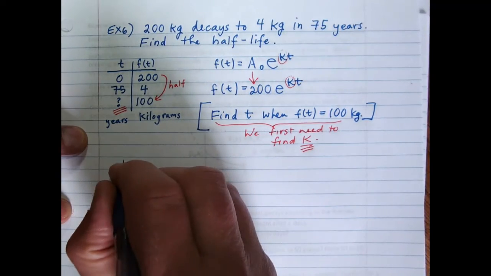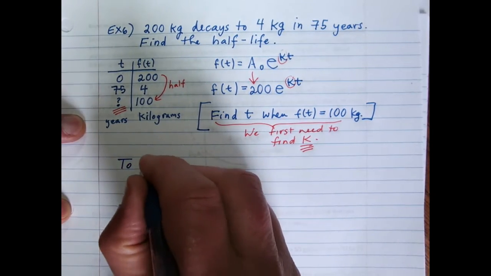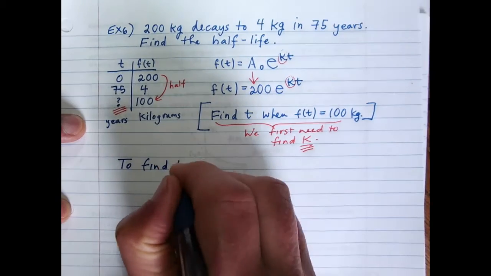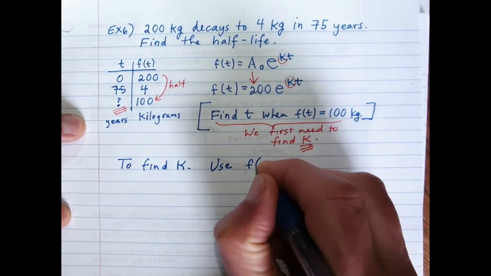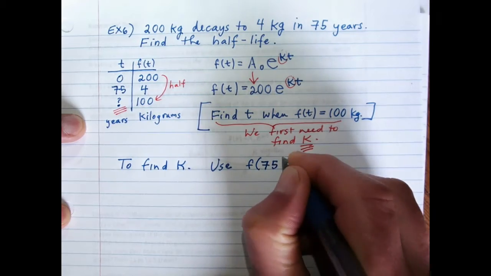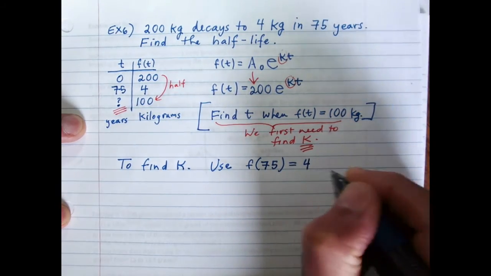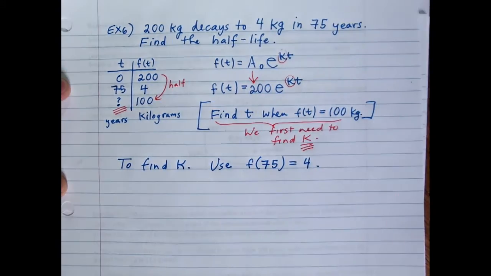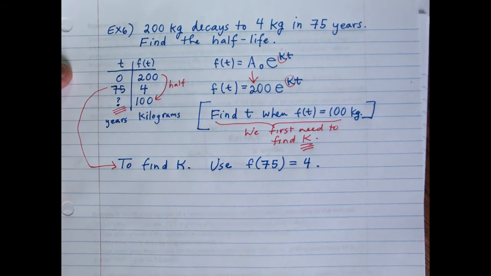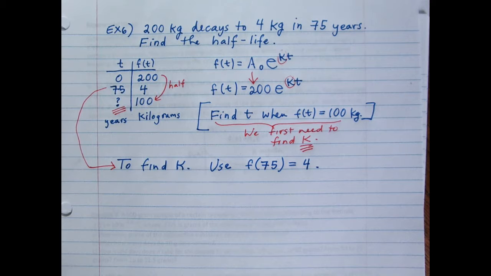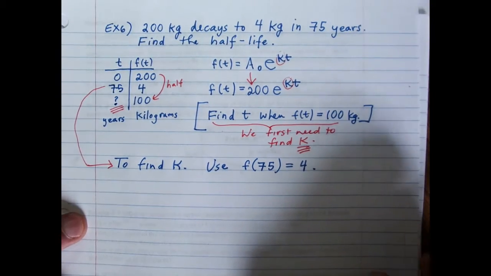So to find k, we're going to use the fact that f of 75 is equal to 4 kilograms. In other words, we're going to use some of that given information. It's usually a point other than the initial value that helps us find the k value.